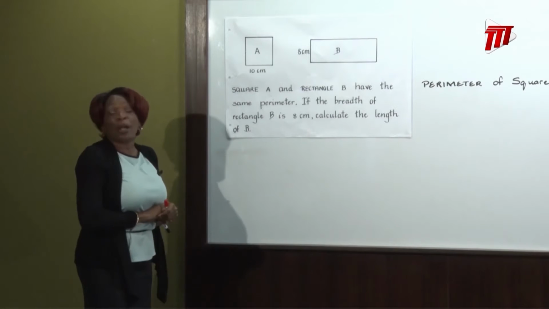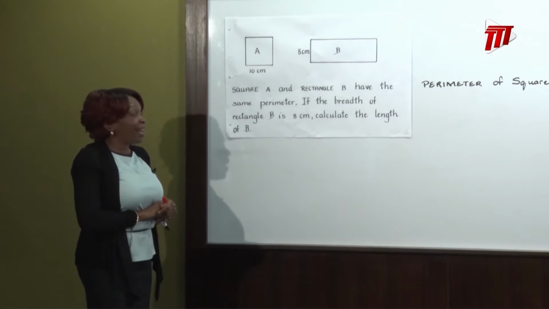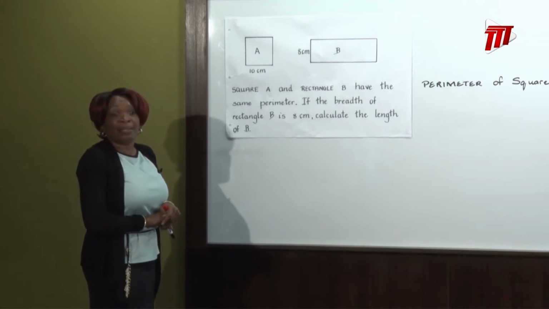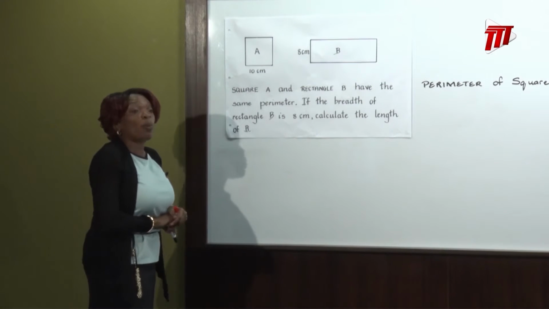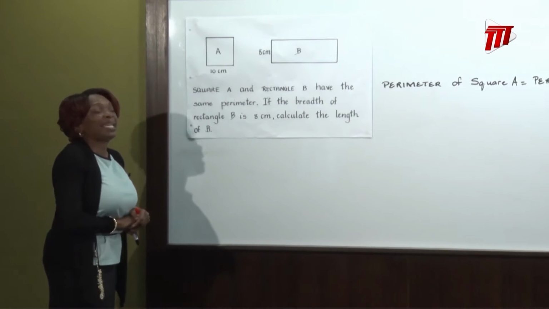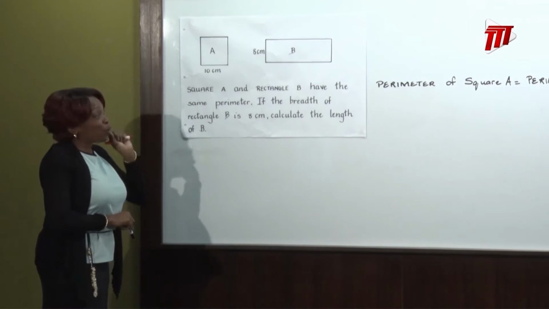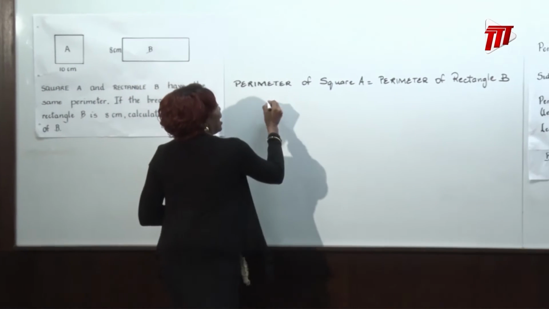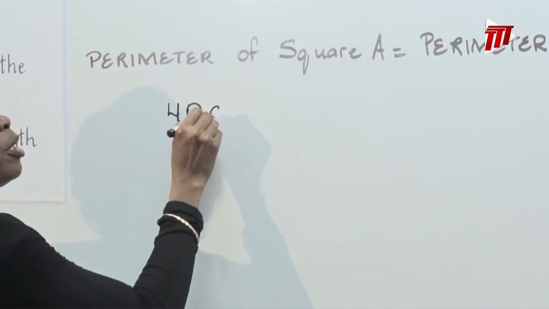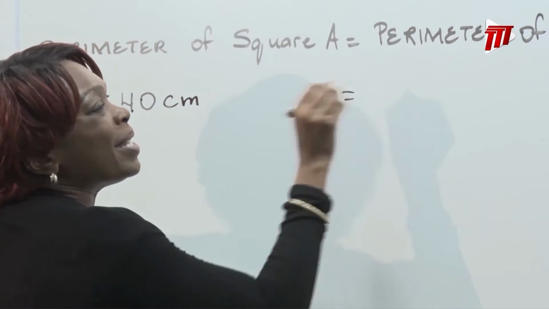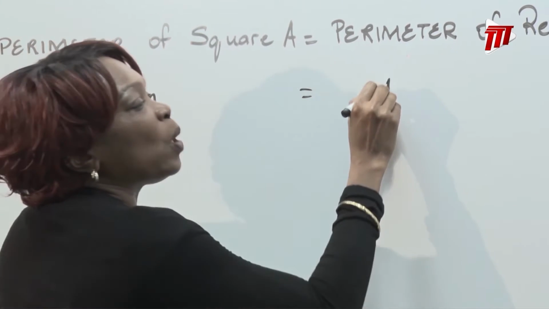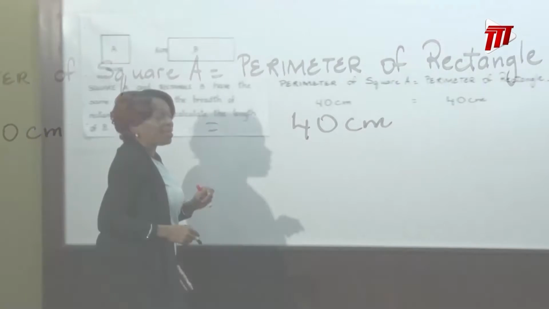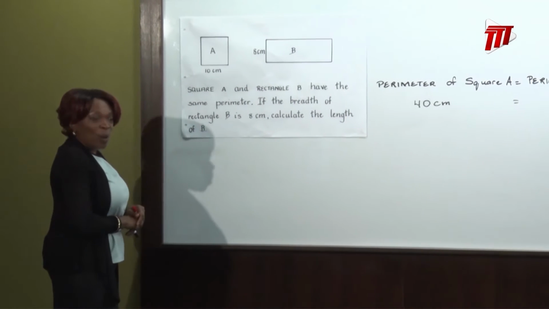How do we find the perimeter of a square? Side multiplied by 4. So, 10 centimeters multiplied by 4 will give us what? 40 centimeters. So in truth and in fact, what can we say? That the perimeter of square A is 40 centimeters, which means what? That the perimeter of rectangle B is also 40 centimeters. Are you seeing that, children? Wonderful.